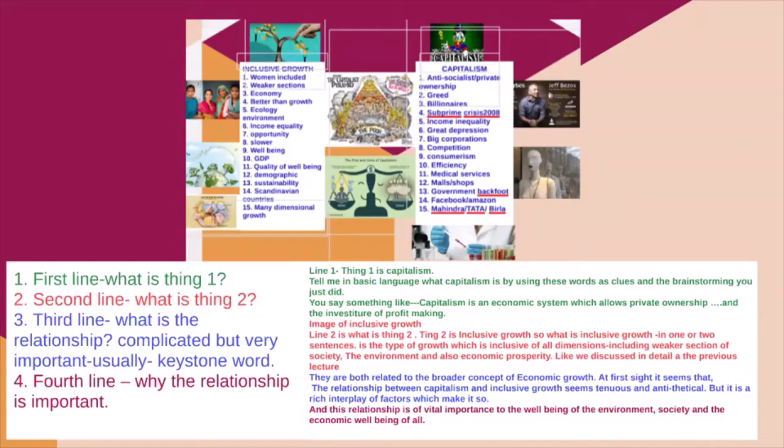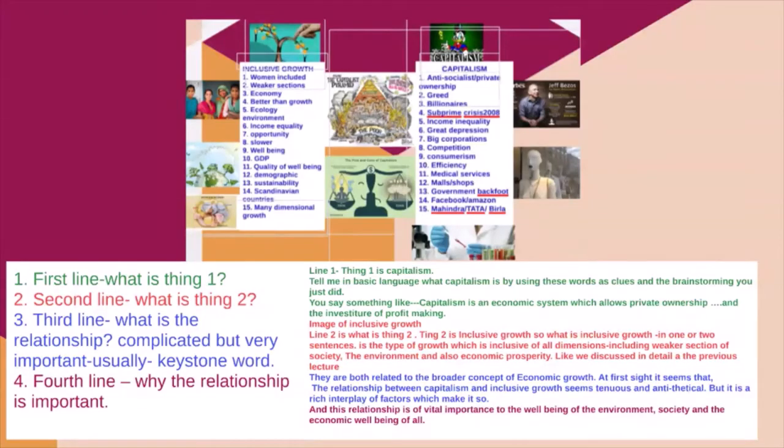You brainstorm thing one and thing two, you figure out 12 to 15 keywords. You use these keywords to explain in simple language what thing one is. Then you use these to explain what thing two is. Then you talk about the relationship a little bit. You say that the relationship is a little complicated, but it's important. Then you say that the relationship and the harmony of that relationship is very important for everything.